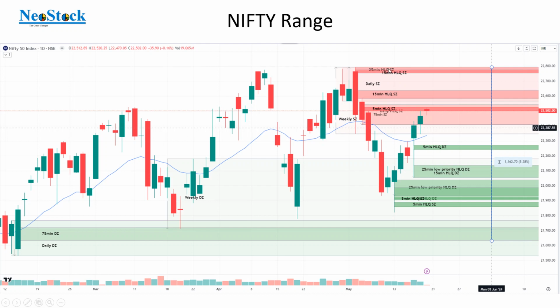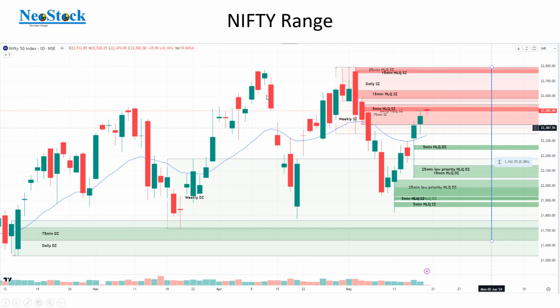Not only this daily zone, the weekly zone also will be violated, because this daily supply zone is overlapped with the weekly supply zone, sorry for my mistake, exactly at the distal line. If daily is violated, automatically weekly also will be violated. At that time we get a new all-time high.